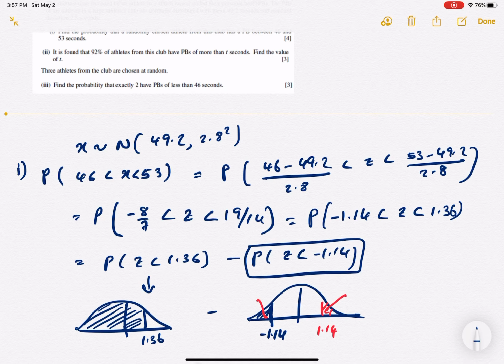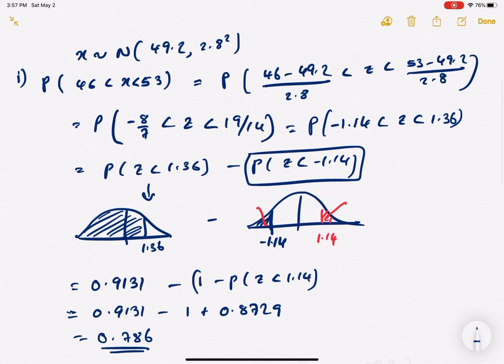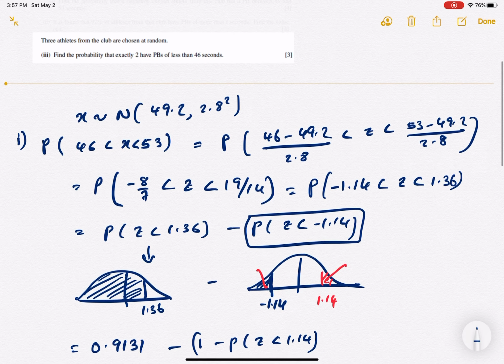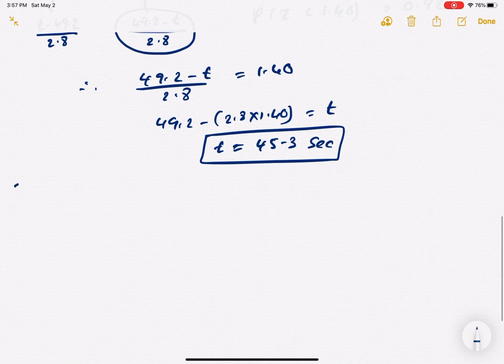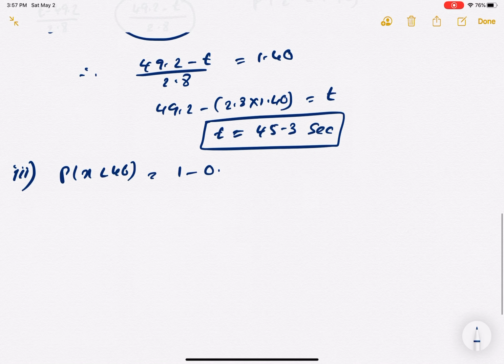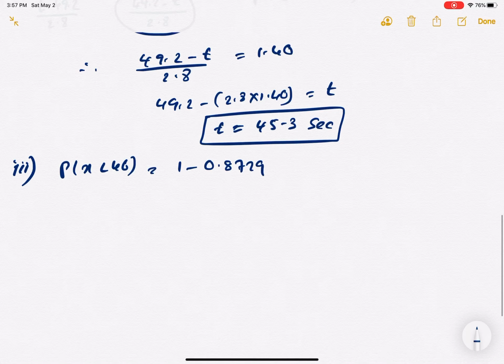This probability talks about z being less than 1.14, which is the z value for 46 seconds. So that is 1 minus 0.8729. Let me start with that. The probability of x less than 46 is 1 minus 0.8729, which is 0.1271. This is the probability.